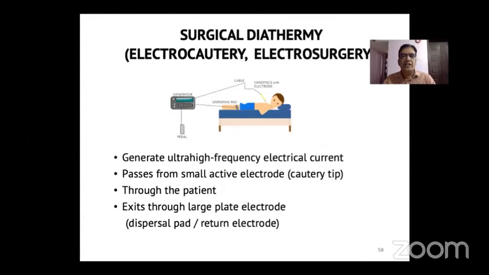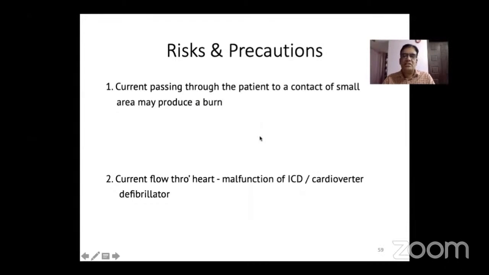Surgical diathermy is another equipment which may produce some problem to the patient. For example, they generate high frequency, ultra high frequency electrical current. It passes from a small active electrode to the patient, and once it goes through the patient, it exits through a large patient electrode. It is the patient pad which we use normally in the operation theatre. There are certain risks with this.